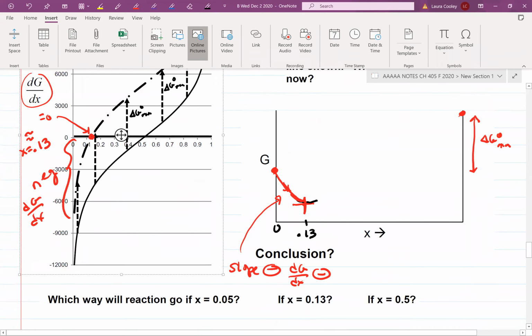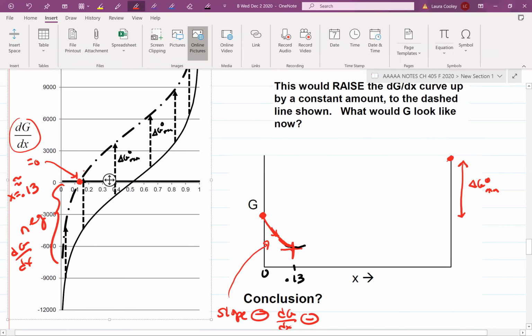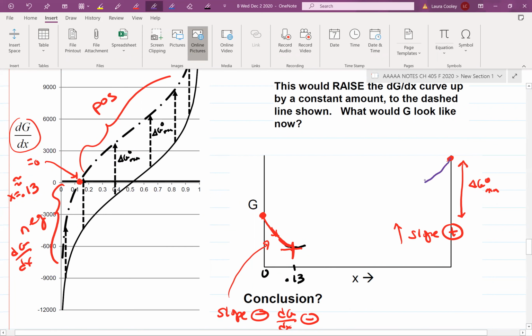But on this side, all of these values are positive. So that means that the slope here is positive. So that means that to decrease G, the reaction has to go backward. So if it were to have started over here, it'd be going this way. And so we have a curve that looks like this for the G. Okay. And equilibrium didn't come out too good, but it's right about there.